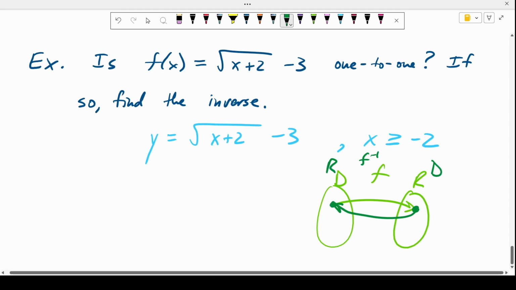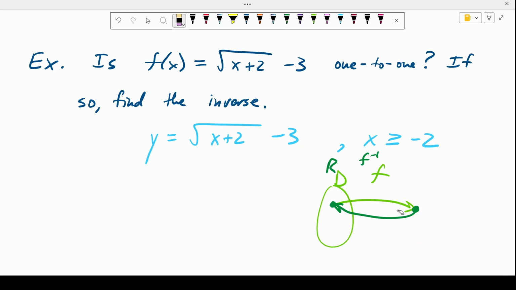So it makes sense that the domain and range switch, because F inverse is just taking the range and starting there and going back to the domain of F and ending up there. It really is, well, the inverse function. So this will also be replaced with a y. All right.